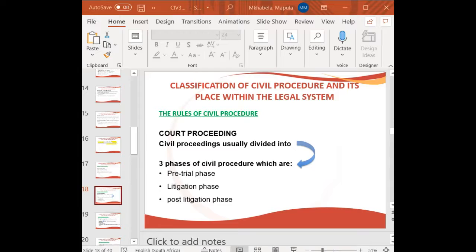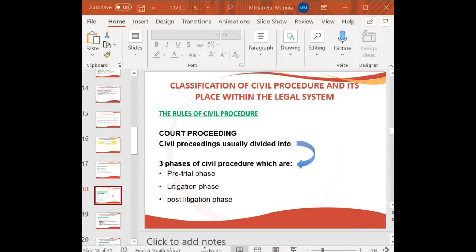The issue of jurisdiction. In what court are we going to institute the matter? In other words, which court is competent to hear the matter? Now, the magistrate's court consists of district courts and regional courts.